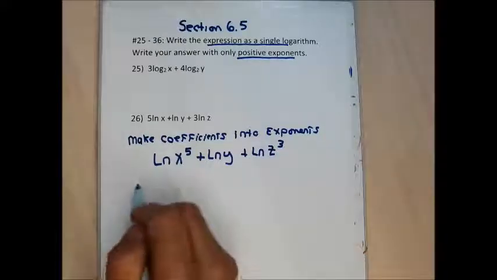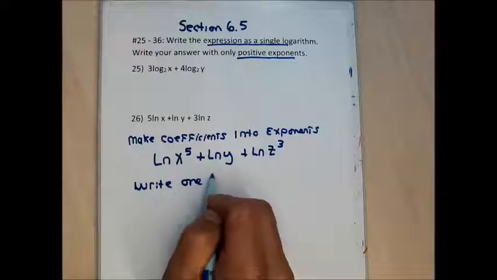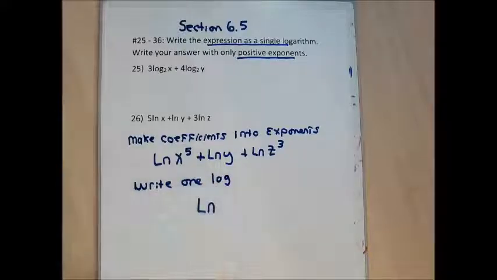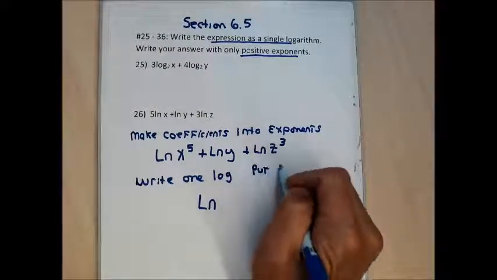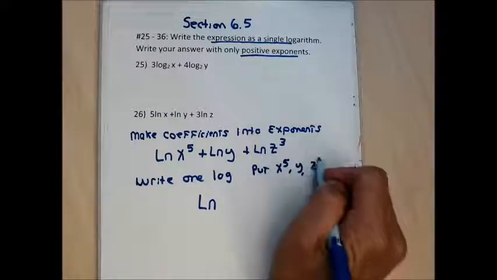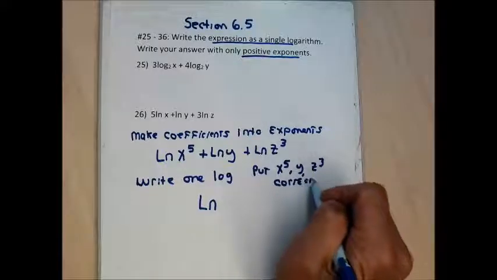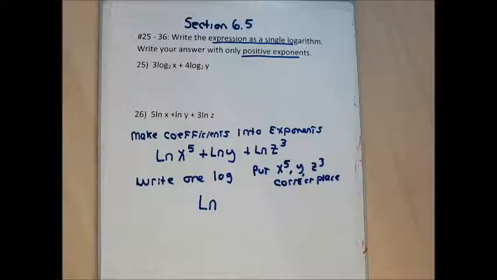And now I'm going to write one logarithm with the appropriate base, and I need to put the x to the 5th, the y, and the z cubed in the correct places. Either we're going to multiply those letters or we're going to divide those letters.